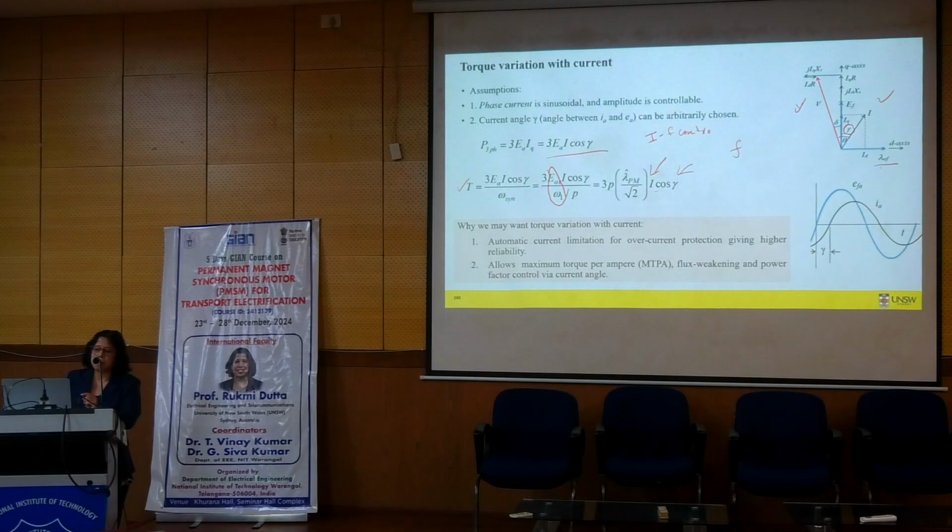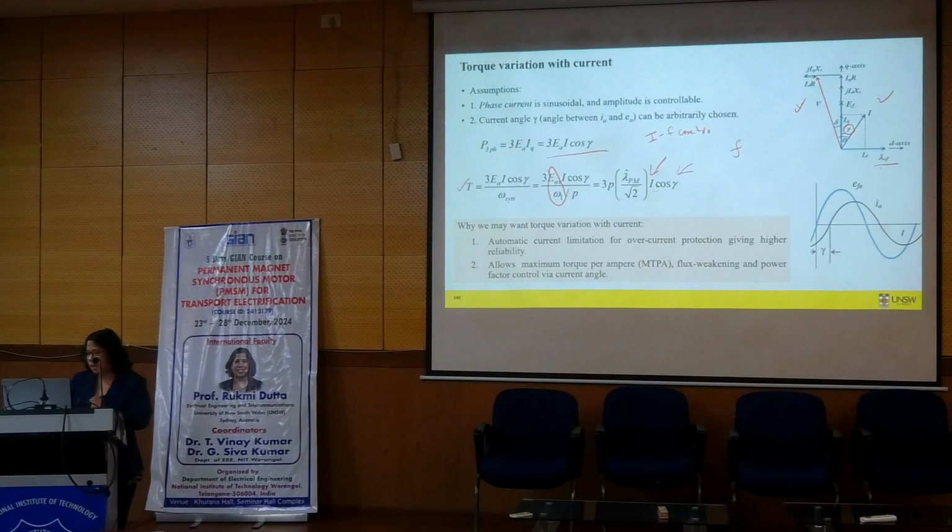So for those types of application, at the start they usually use I by F control or V by F control just to start, bringing the speed to a minimum value from where the sensorless control can start. So even though in PMSM we do not use V by F control for the whole thing, sometimes in sensorless control they are used to start the machine.